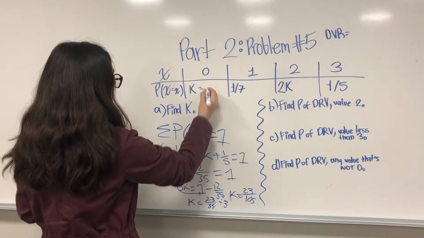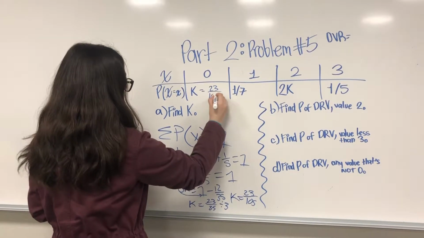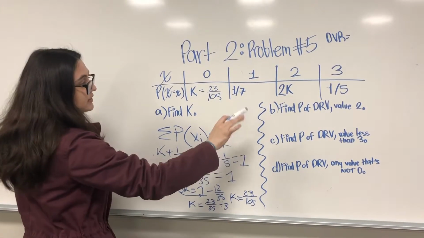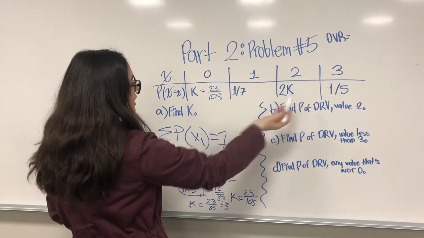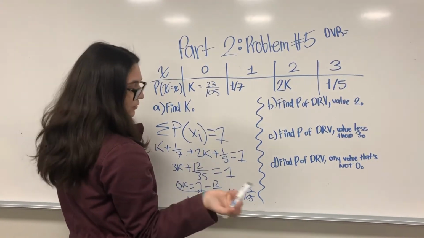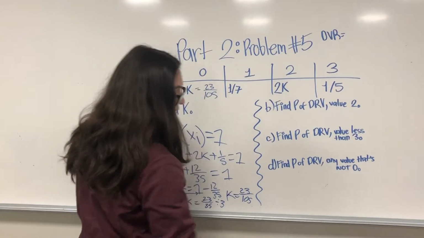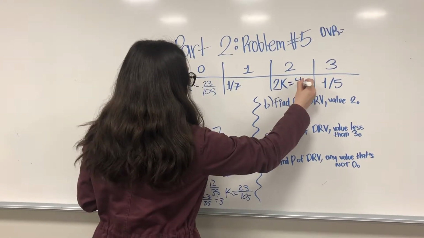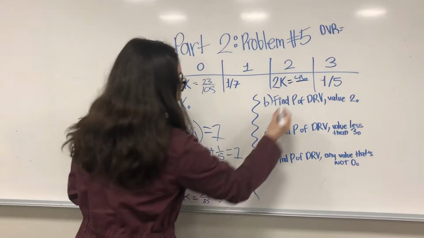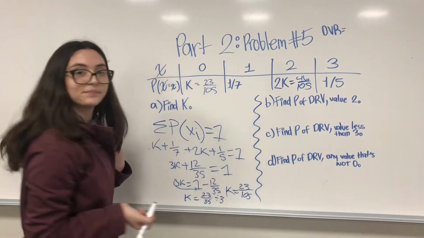So k obviously is equal to 23 over 105. 1/7 stays the same because there's no k. And then 2k, you multiply 23 over 105 times 2, and you can use your trusty hand calculator to do that, which means this will later equal 46 over 105, and 1/5 stays the same.